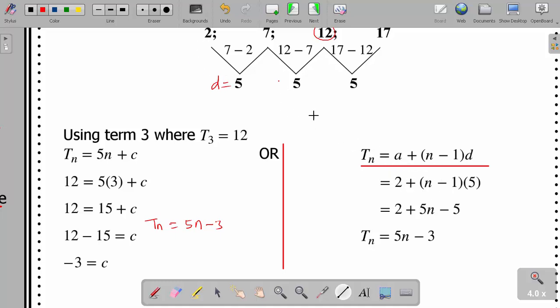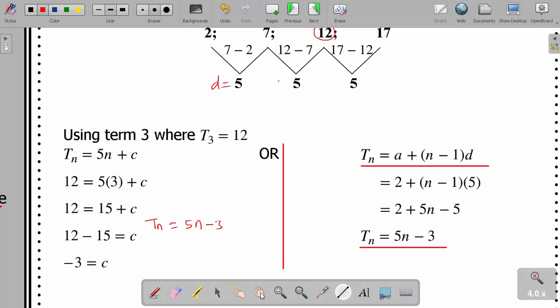My first term is 2, and the common difference we saw was 5. Now note something here, when we are opening brackets, when we are distributing, we say 5 times n to give us 5n, and then 5 times negative 1 to give us negative 5. So 2 minus 5 gives us negative 3. So our answer is going to be Tn equals 5n minus 3. What a smart answer. I think we are together, guys.